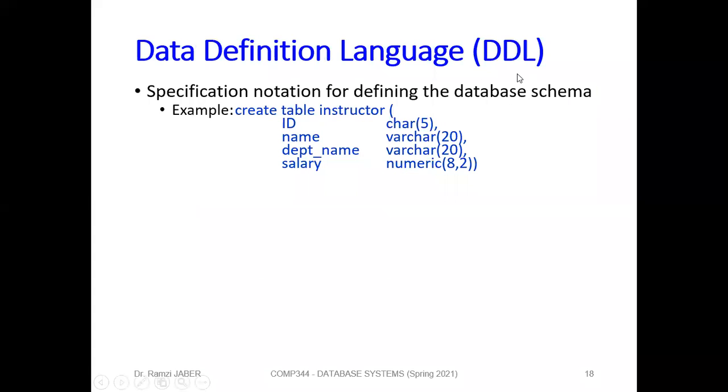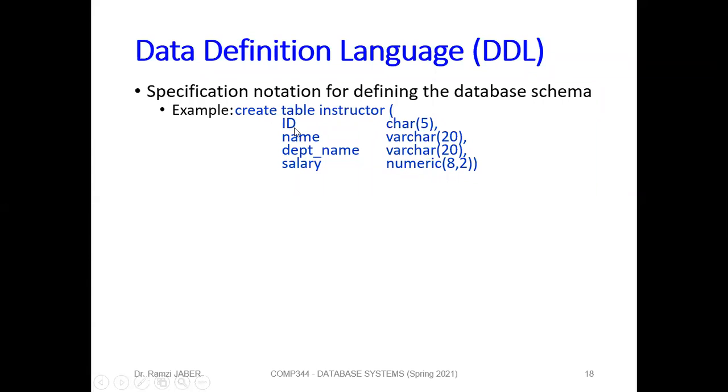It's a very hard language. We have another language that is easier, okay? Example, the create syntax. The syntax of creating the same table is: create space table space table name, open parenthesis, close parenthesis, first field or attribute, space, what is the type of this field?